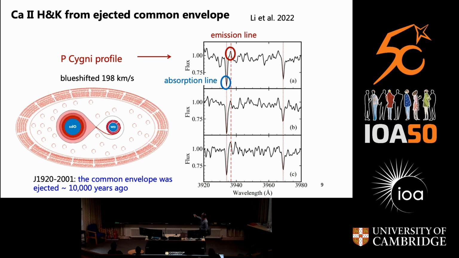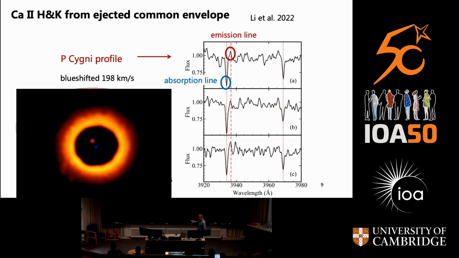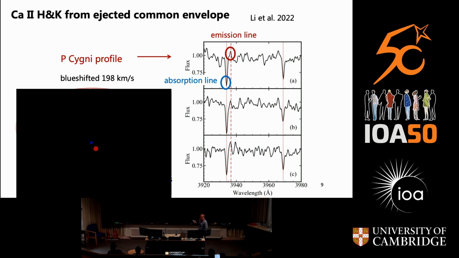From the spectrum, we found a P Cygni profile. From the profile, we did see the calcium K line, so we see this envelope. So we see direct evidence for this.